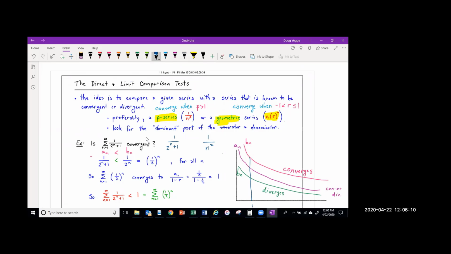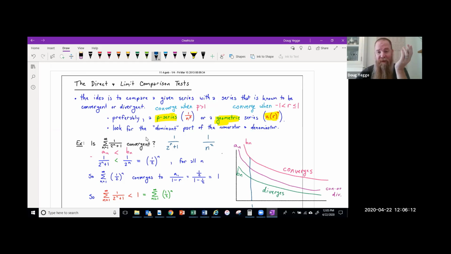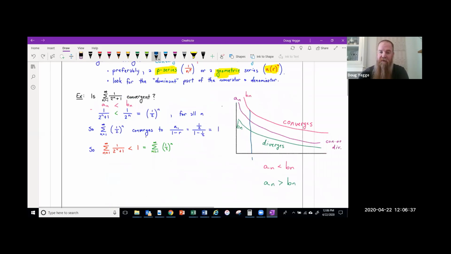It's really hard to tell, because they don't really look anything like each other. So instead I say, let's not choose n squared. Let's choose 2 to the power of n, because I see a 2 to the power of n right there. So it seems reasonable to cancel out that little constant and rewrite it as 1 over 2 to the n. So I'm choosing something that's going to be similar to the original series.